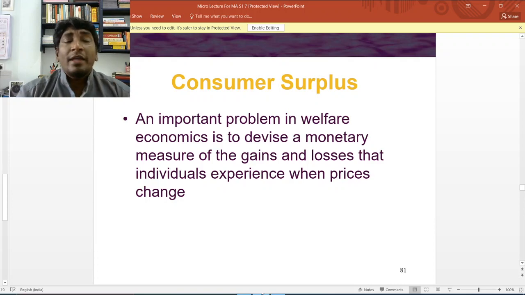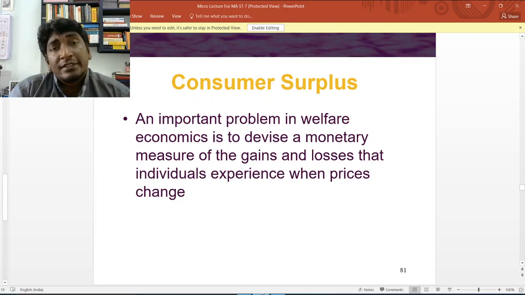Why? Because the term is very crucial: on the contrary, the seller has a tangible surplus, which is called the profit.